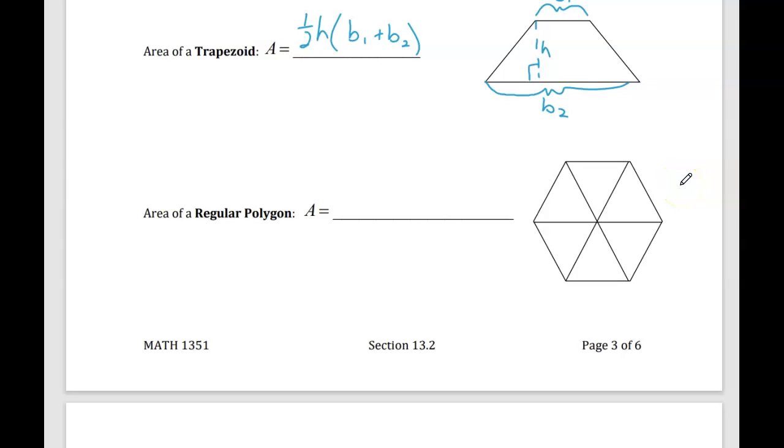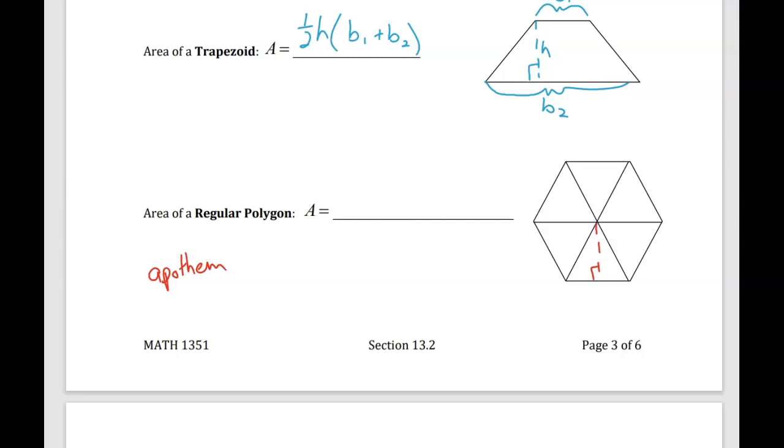Now, a regular polygon, it doesn't matter, like this one is a hexagon, it's got 6 sides, okay? One thing that we have to do is we find this height. That height is called the apothem.